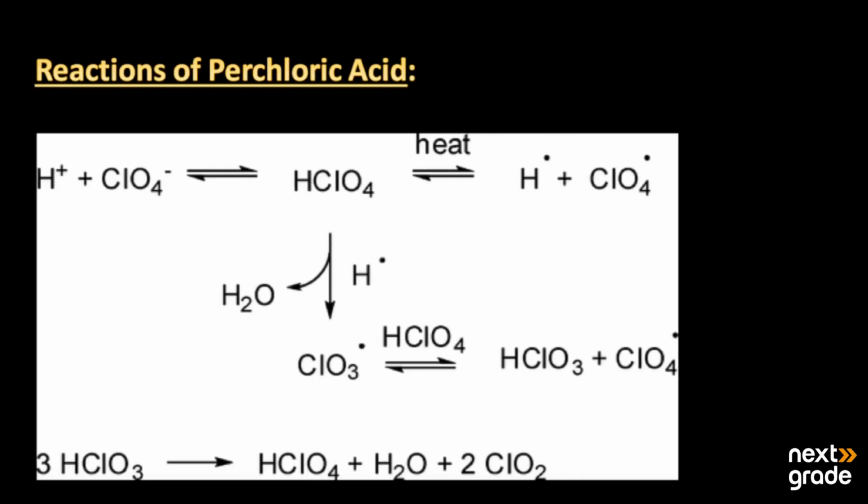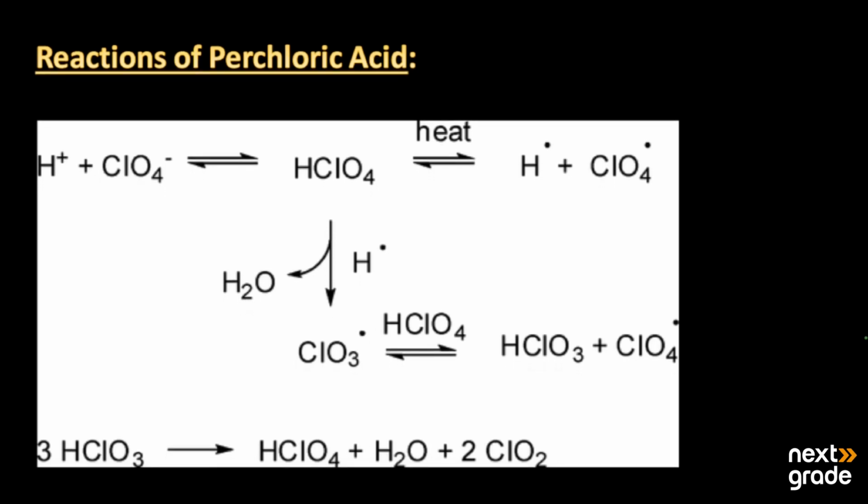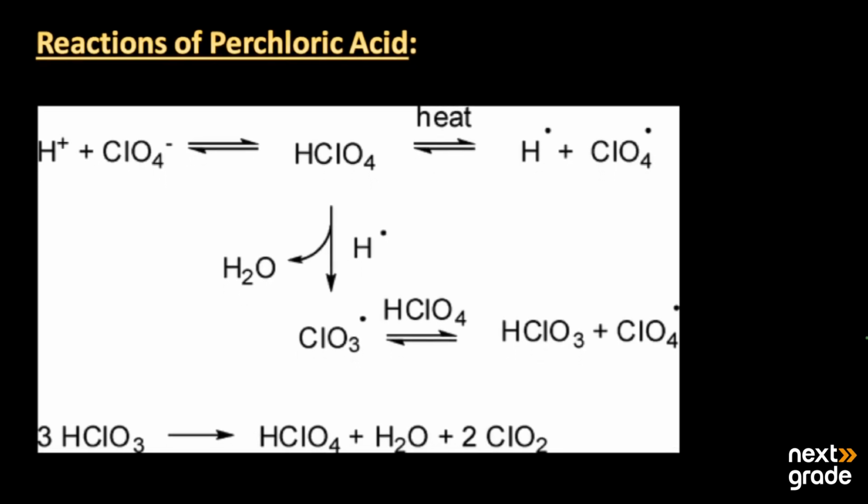The first one is its simple formation, or we can say its decomposition. We have hydrogen ions and chlorate ions. When they react, they change into perchloric acid. This is the simple oxyacid.